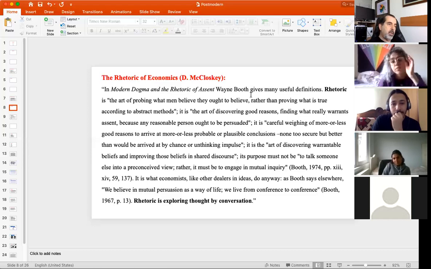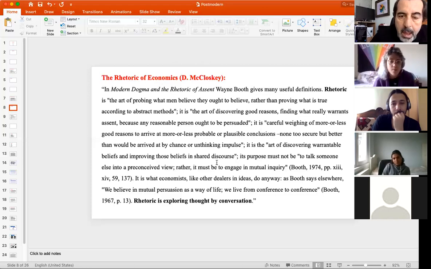That's the basic function of rhetoric, supposedly, at least. It is careful weighing of more or less good reasons to arrive at more or less probable or plausible conclusions, none too secure, but better than would be arrived at by chance or unthinking thoughts, etc.